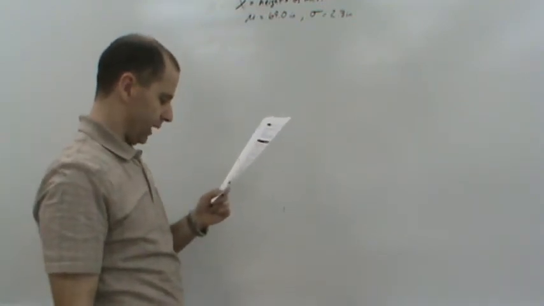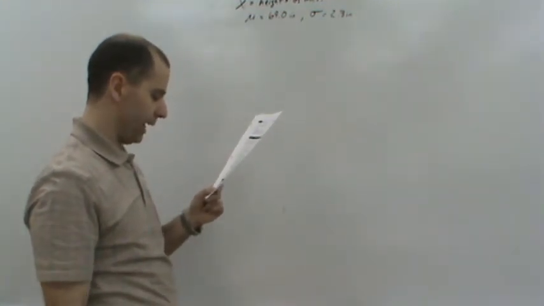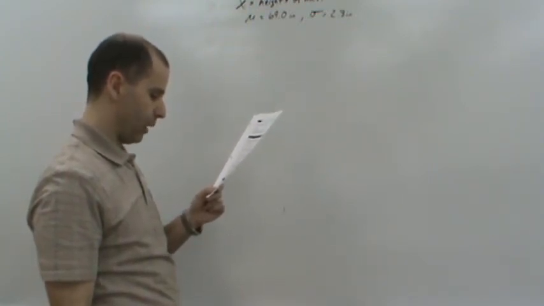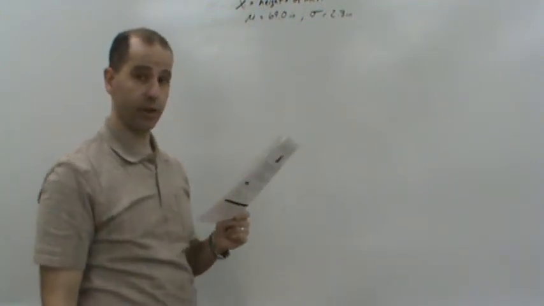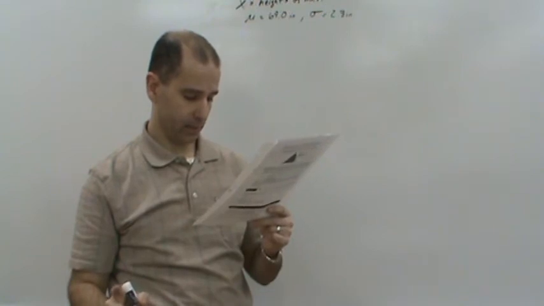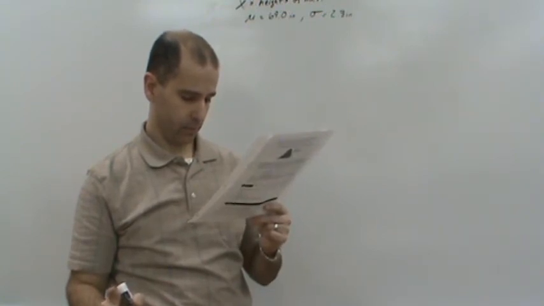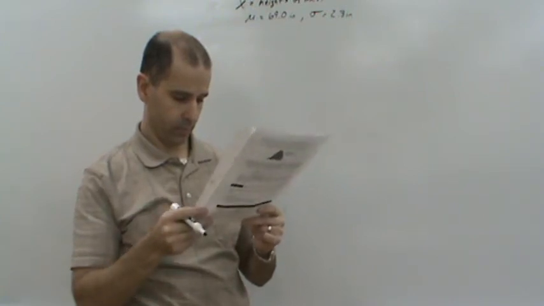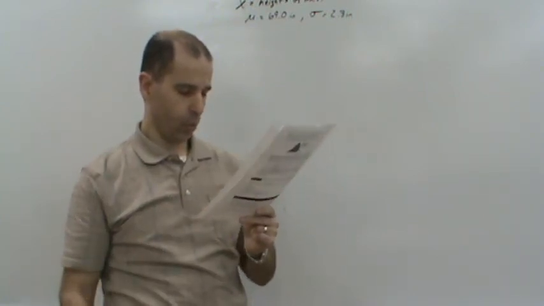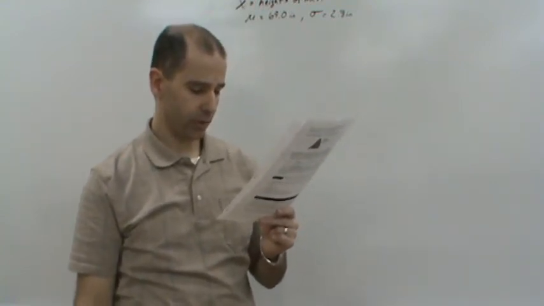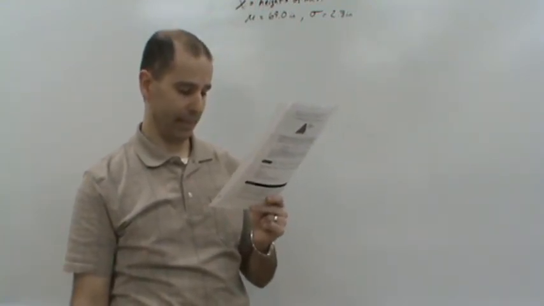And it says, what mean door height would allow 95% of all men to enter the aircraft without bending? Okay, so here's what they want. They want to know what mean door height would allow 95% of men to enter the aircraft without bending.